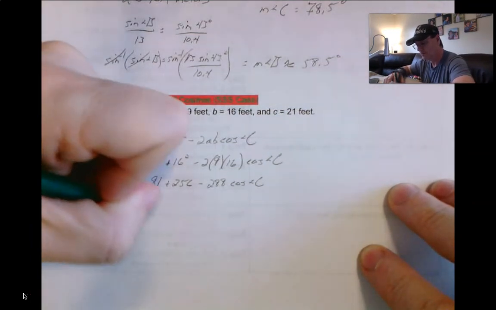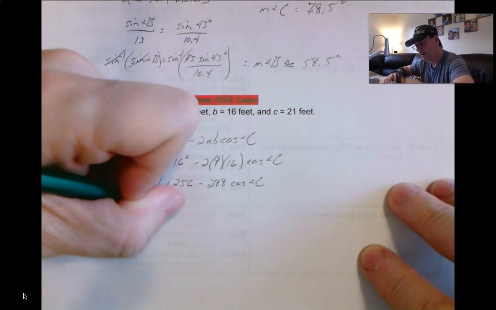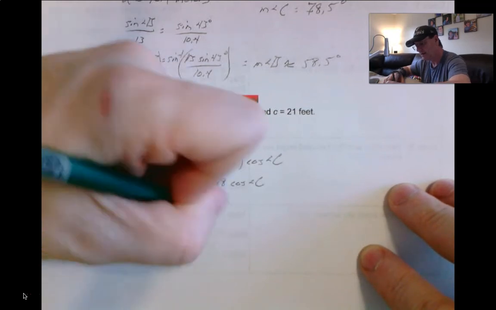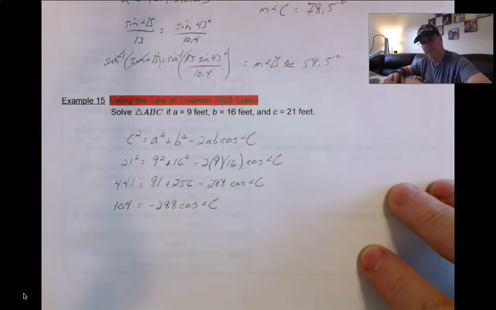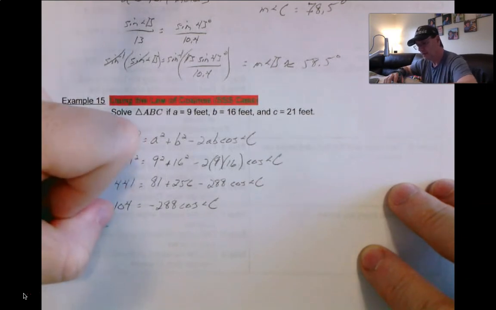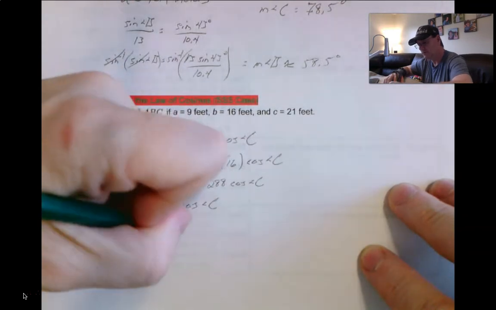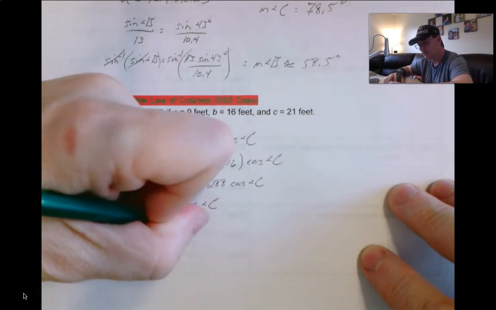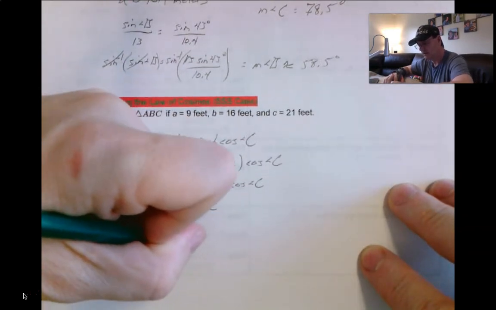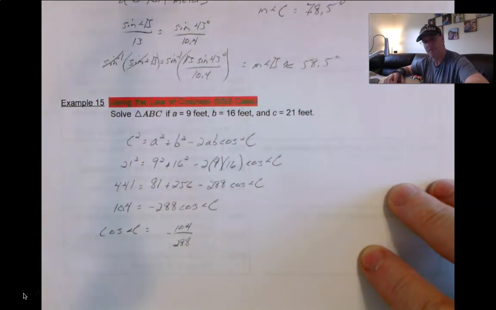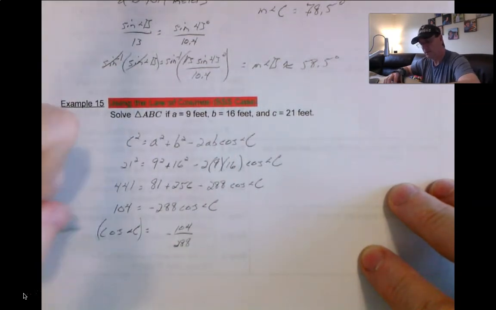104 equals negative 288 cosine angle C, divided by negative 288. Cosine angle C equals 104 over 288, negative. Inverse cosine both sides.